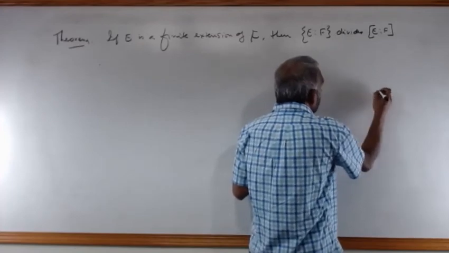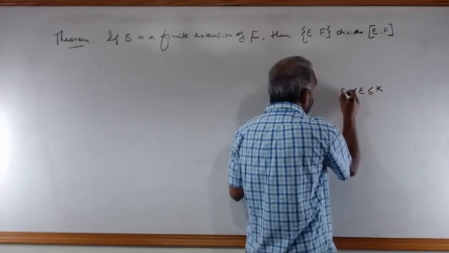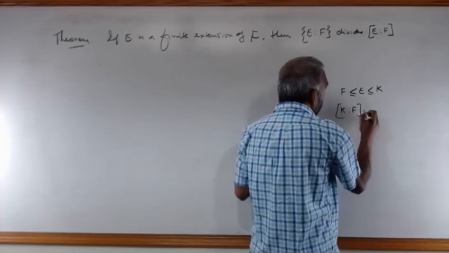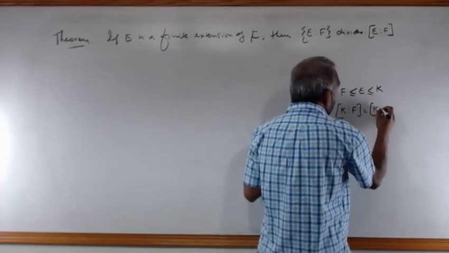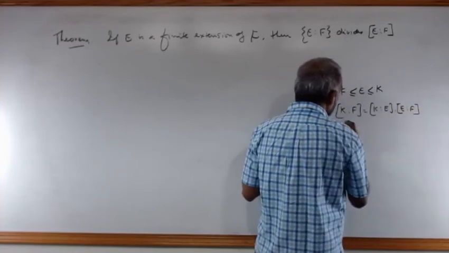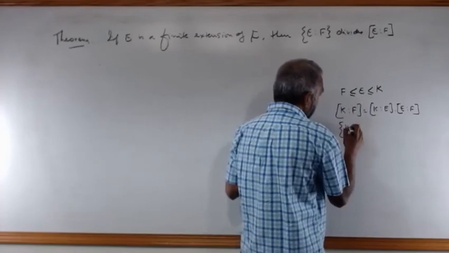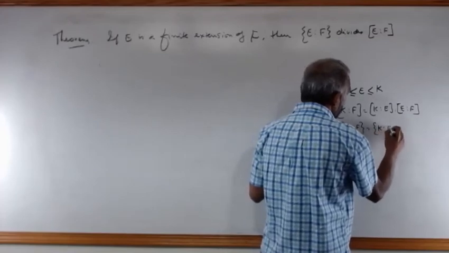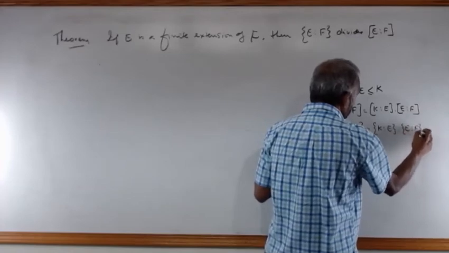That is, if K is a finite extension of E, which is a finite extension of F, then the degree of K over F is equal to the degree of K over E times the degree of E over F. And similarly, the index also is like this: the index of K over F is equal to the index of K over E times the index of E over F.